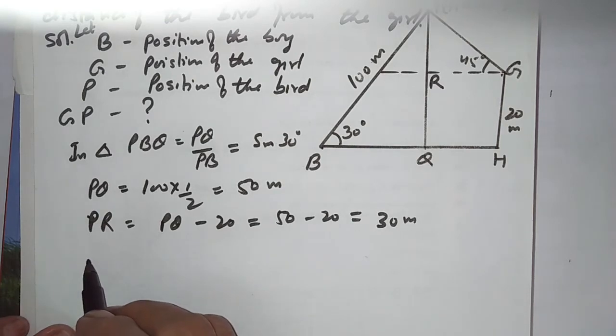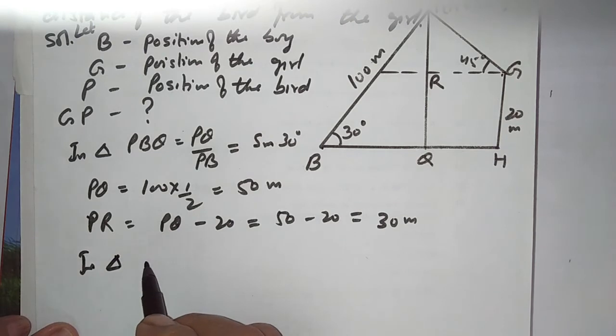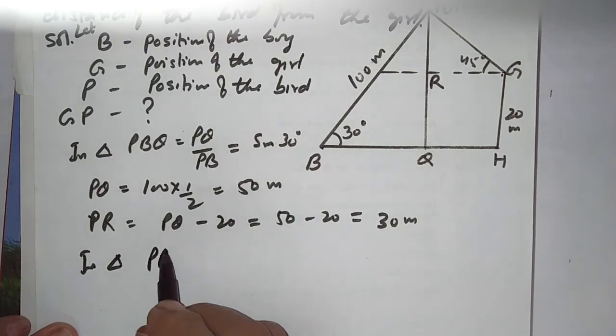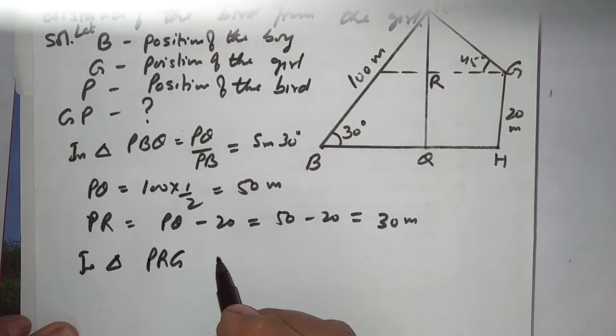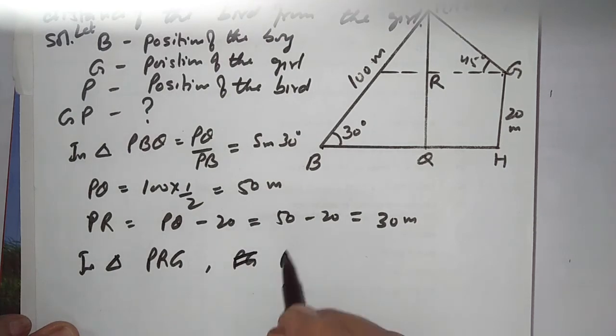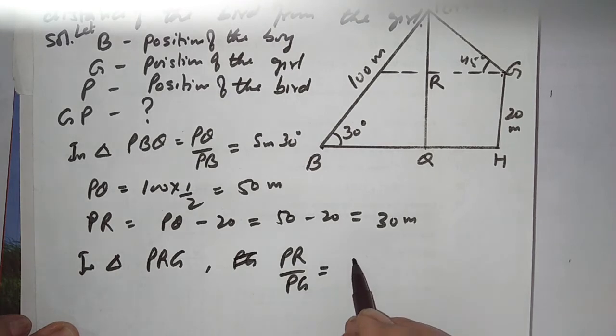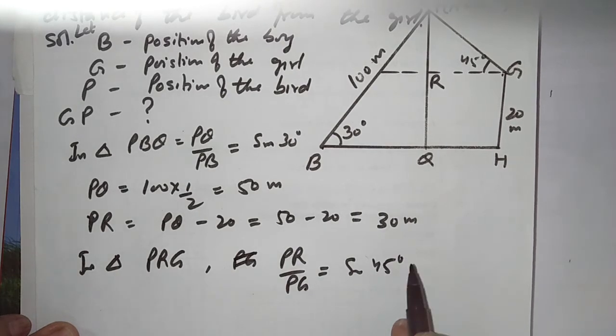Now to find out PG, in triangle PRG, PR upon PG, which is equal to sin 45.